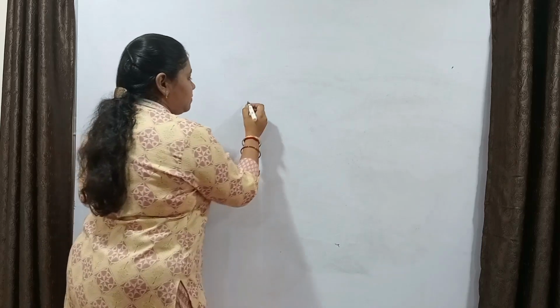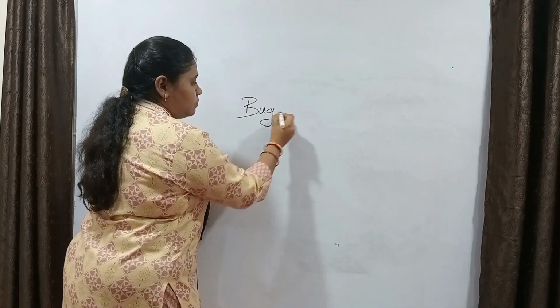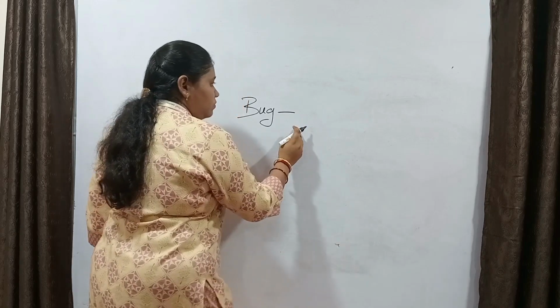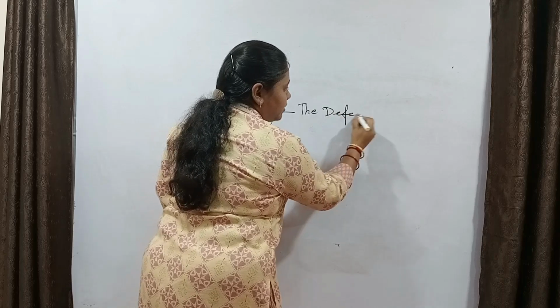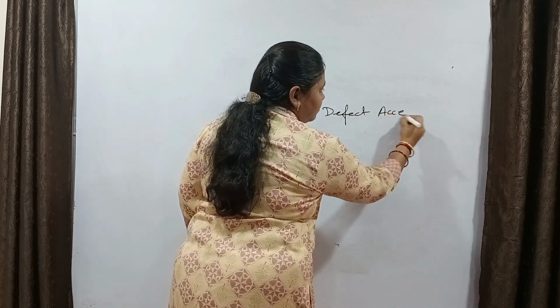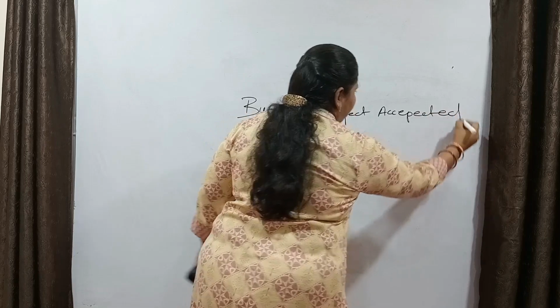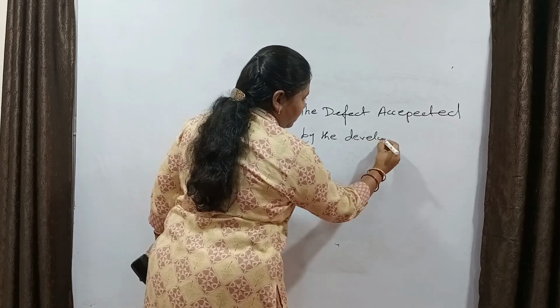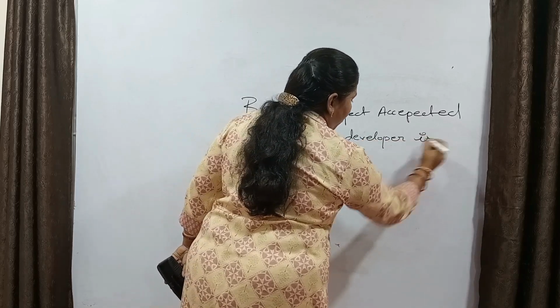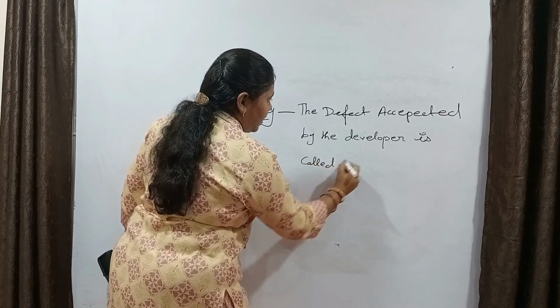Next, bug. What is this bug? Bug is nothing but defect. Our tester will find the defect. Something is not working, something has deviated, that is called a defect. The defect accepted by the developer is called bug.